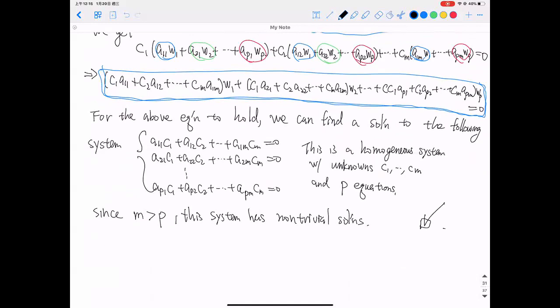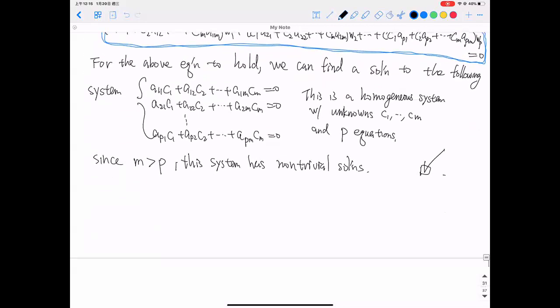Now let's see if we can do some interesting examples.